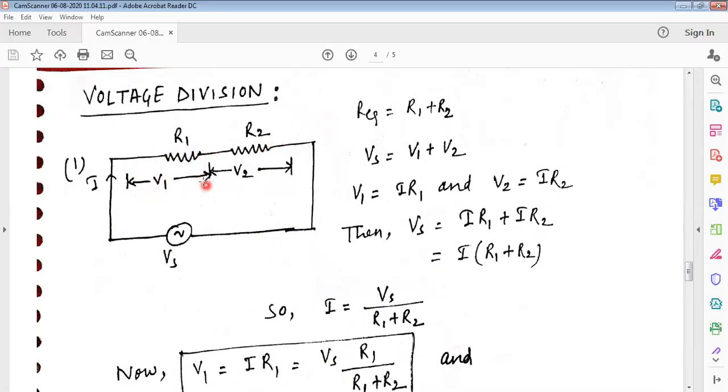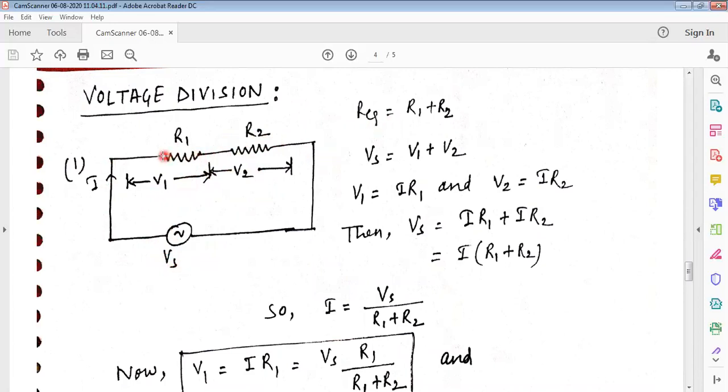Voltage across the resistor R1 is V1. Voltage across the resistor R2 is V2. Total voltage applied is Vs and total current flowing in the circuit is I. So now you have to find V1 and V2 with respect to Vs. That is only the voltage division rule, meaning how your voltages are divided with respect to the total voltage.